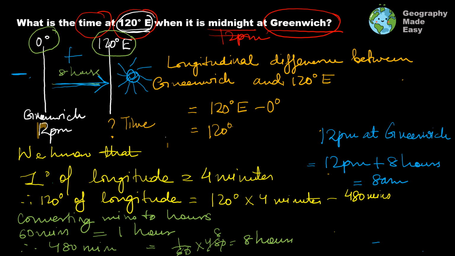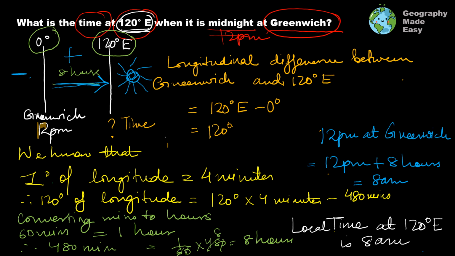So the local time at 120 east is 8 a.m. This will be my answer.